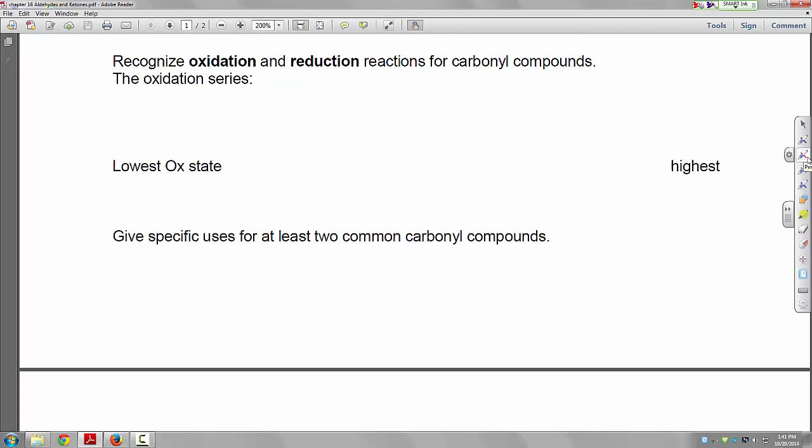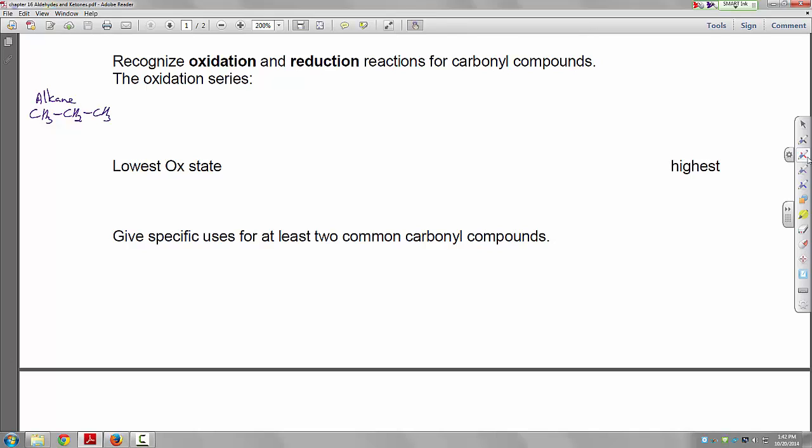All right, recognize the oxidation and reduction reactions for carbonyl compounds. We were introduced to this oxidation series back in the last chapter, and if you recall, start here with, let's make it 3 carbons, an alkane.